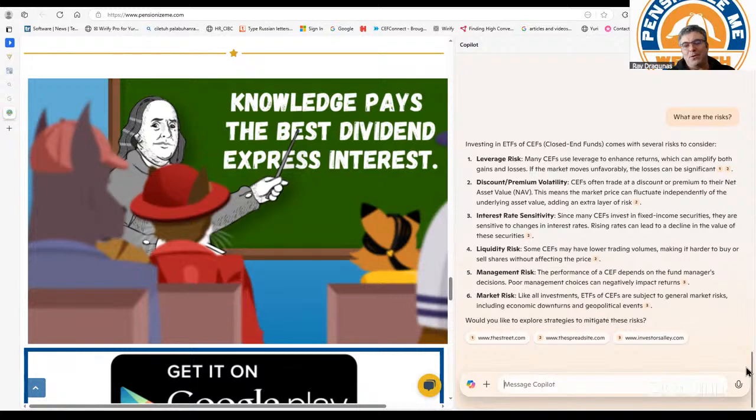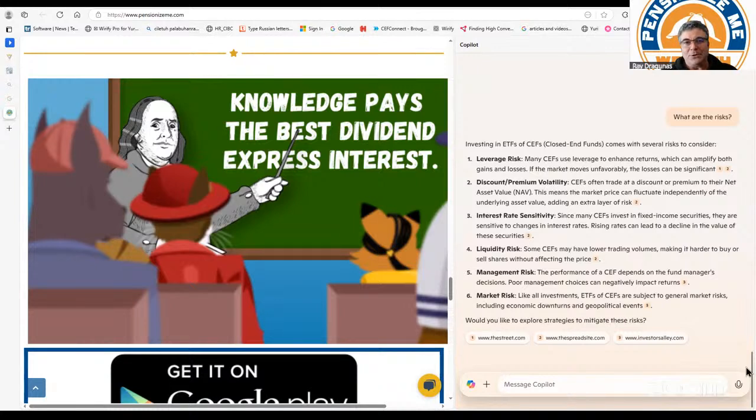Now that discount and premium volatility also ties into the leverage risk. They dovetail together, because if you're applying leverage and rates start moving, rates affect not only fixed income but also equity markets, which affects the leverage, which affects the discount or premium volatility. So in fact, the way we're looking at it is that we are harvesting income from that volatility. We're doing that not only in closed-end funds but also in ETFs where leverage is applied, say, in covered calls.